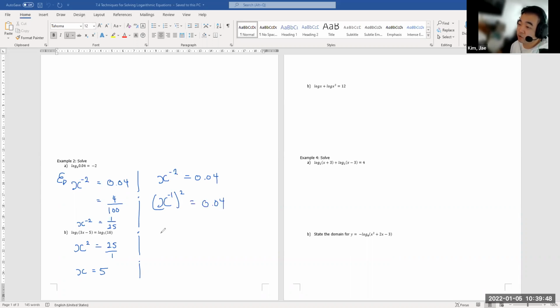So if I square root both sides, this should become 0. I don't know. Does this become something? I'm just playing around with it. Yeah, this would become 0.2.